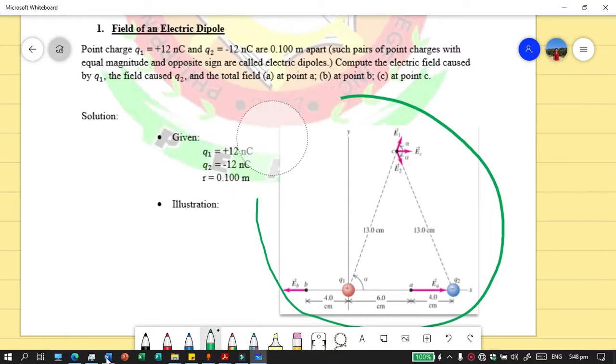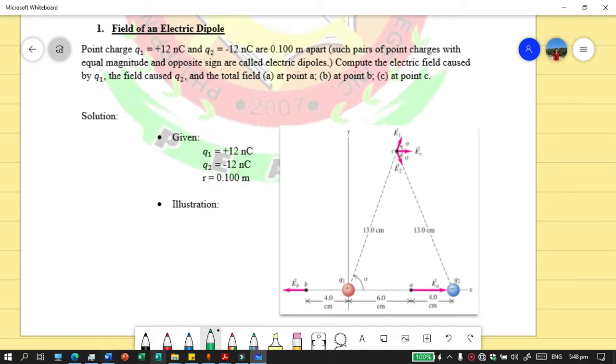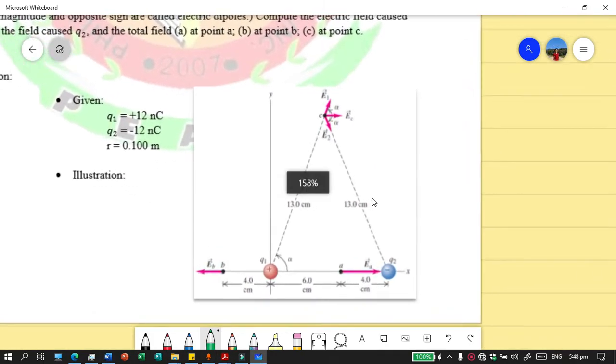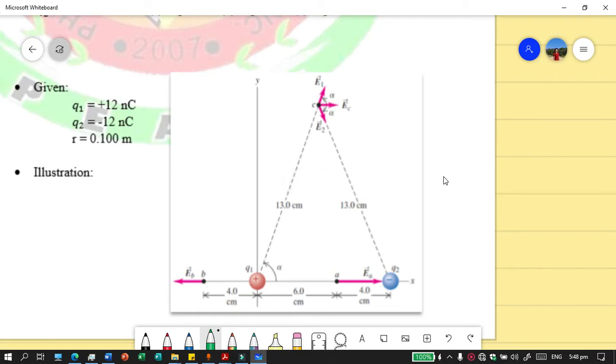Okay? So, before we proceed, let us try to discuss or let us try to explain the illustration that we have here. Now, we have charge 1, we have charge 2, and we also have field points A, field points B, field points C. Okay? Now, kung hahanapin natin yung electric field 1 on A, basically, that involves electric field, charge 1, and field point A. Okay, so let's label it accordingly.